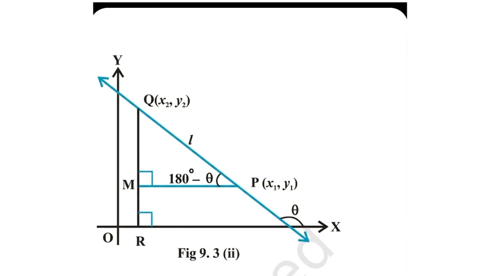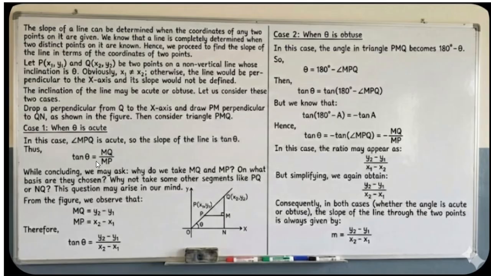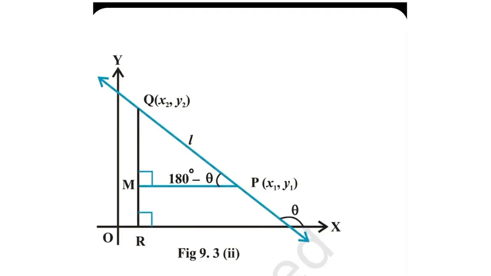MQ by MP also becomes y2 minus y1 in that obtuse angle also. Wait a minute, actually, we want tan of this theta. Actually, tan of this angle we want.